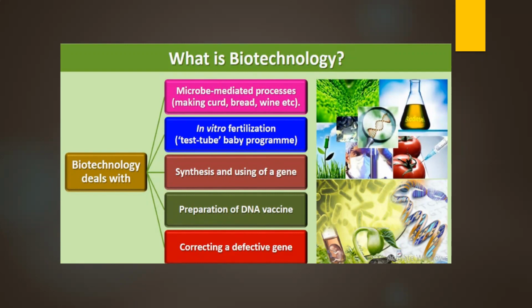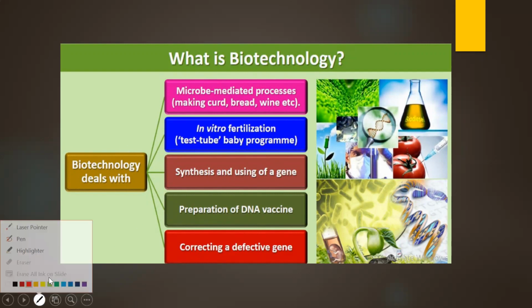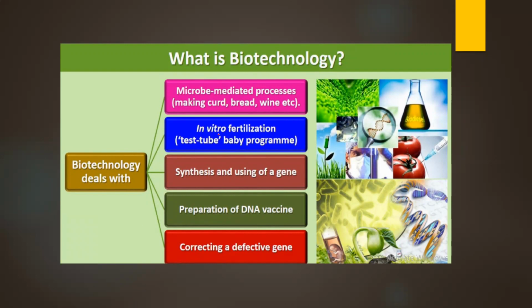There are many more processes or techniques that are included under biotechnology. For example, you can see on this slide, in vitro fertilization, that is test tube baby, synthesizing and using a gene, preparation of DNA vaccine, and correcting a defective gene.